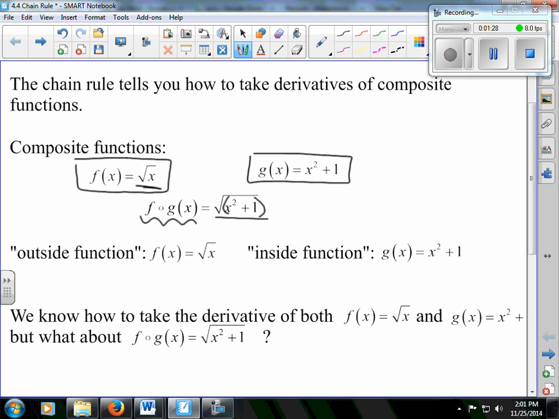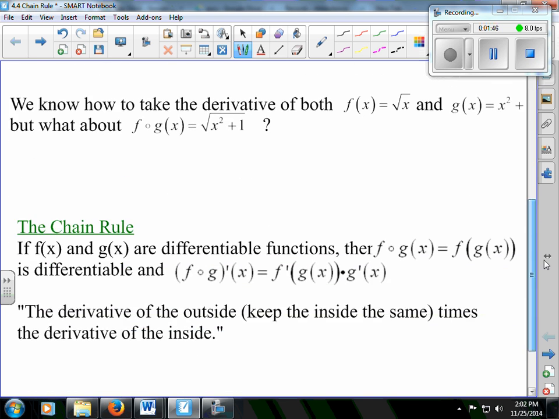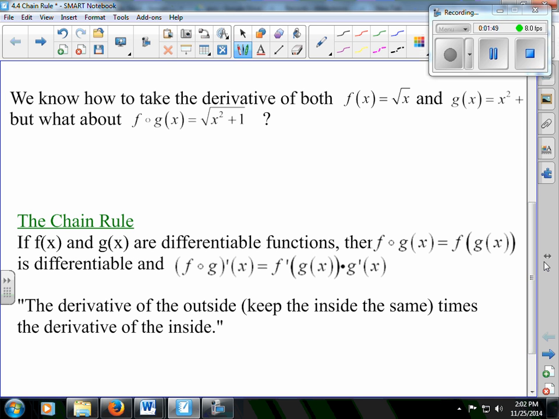In order to do the chain rule, you have to be really good at determining what the outside function is and what the inside function is. So I'm going to use this language a lot. I'm going to say, what's the outside? What's the inside? And so let's go ahead and talk about how to take the derivative of the square root of x squared plus 1.